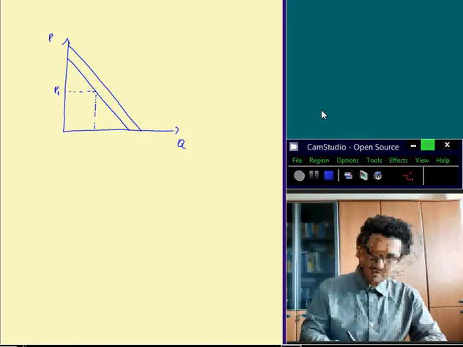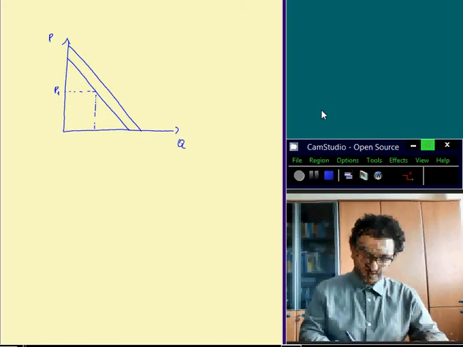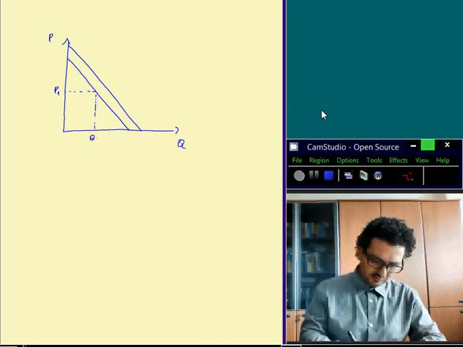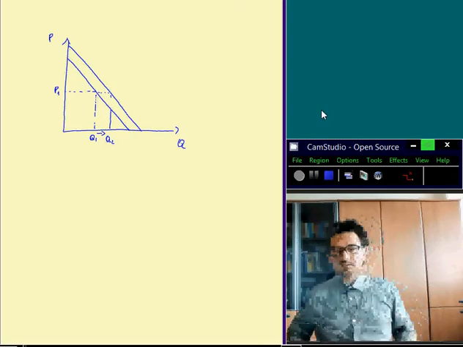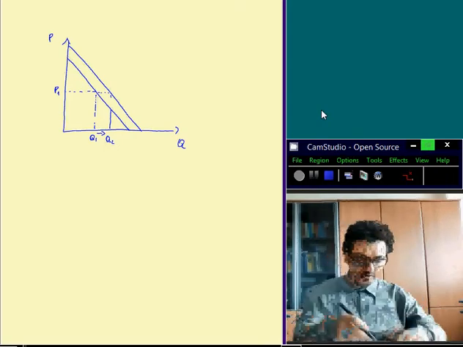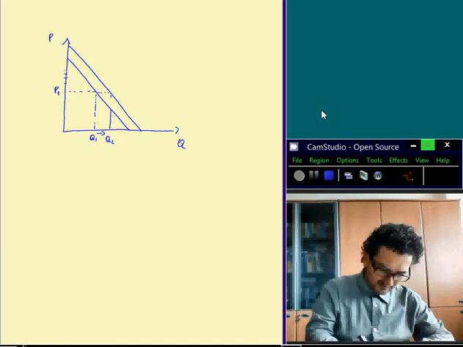So at this level P1, before the increase in the price of tea, the demanded quantity was equal to Q1. After the increase in the price of tea, the demanded quantity will be equal to Q2. So we have this increase in the demanded quantity, and this is true for each level of price for coffee.